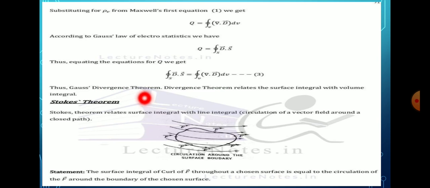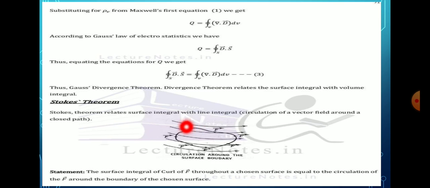Next, we move towards the Stokes theorem. The main function of the Stokes theorem is to convert a surface integral to a line integral, whereas the Gauss divergence theorem converts a surface integral to a volume integral. So Stokes theorem provides a way of relating the line integral to the surface integral, or vice versa. The curl of a vector exists in a vector field.